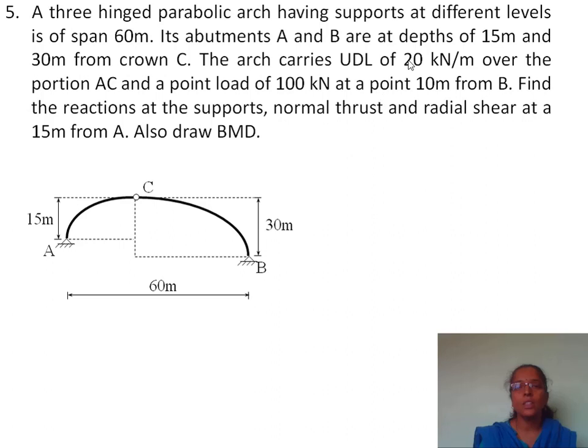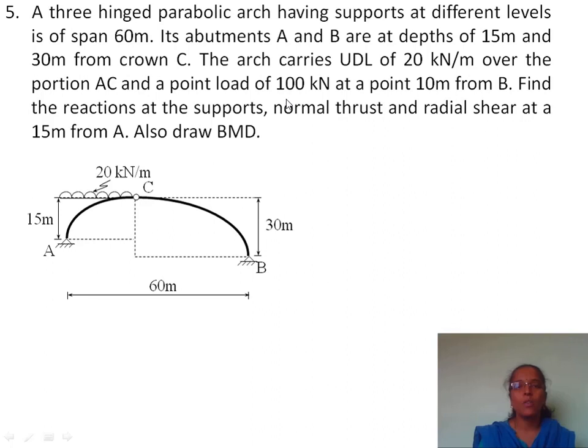The arch carries a UDL of 20 kN per meter over its portion AC. In the last problem we had taken a partial UDL, whereas here it is acting on the left portion.